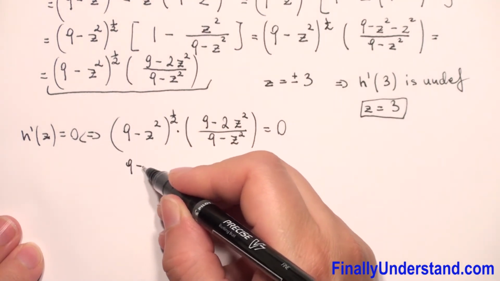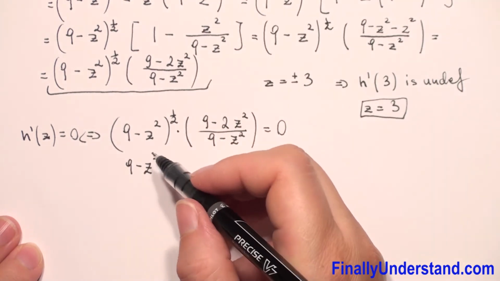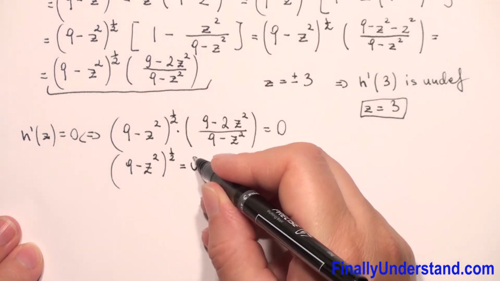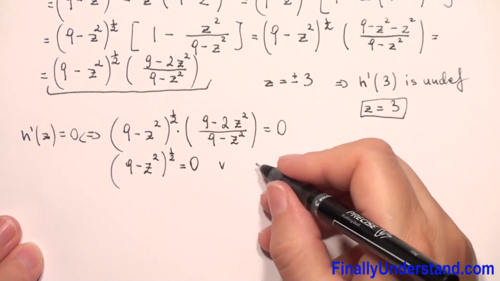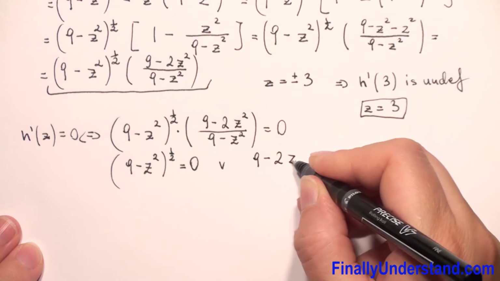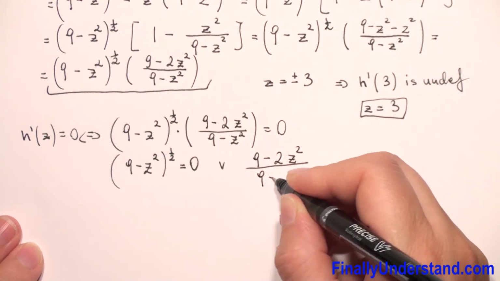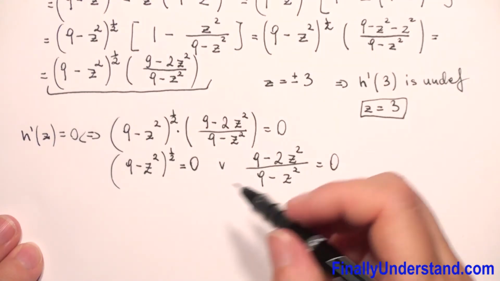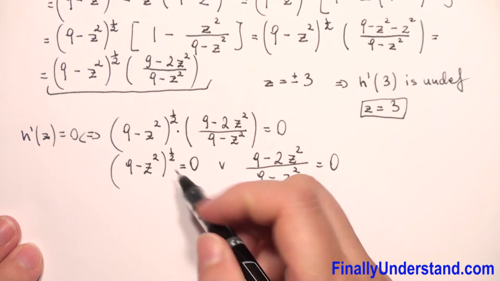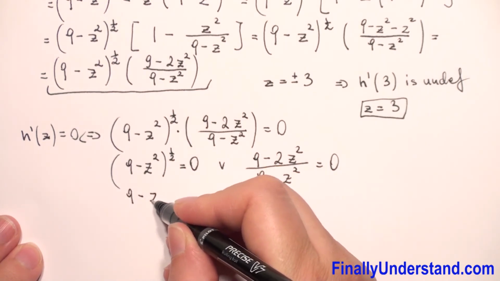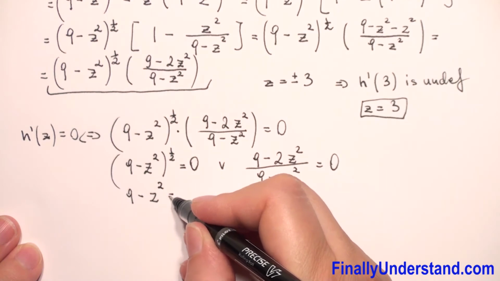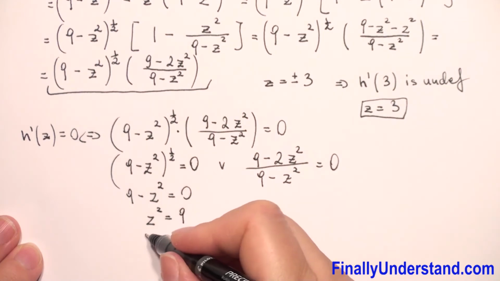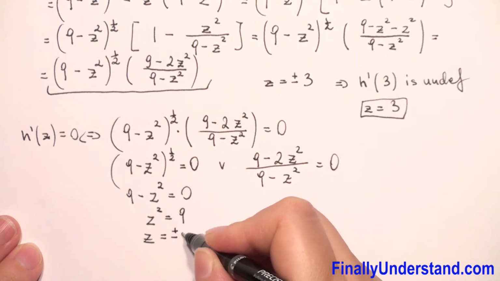So when (9 minus z squared) to the power 1/2 is equal to 0, or (9 minus 2z squared) over (9 minus z squared) is equal to 0. So I will take both sides to the second power. So we have 9 minus z squared equals 0. So z squared is equal to 9. So z is equal to plus or minus 3.